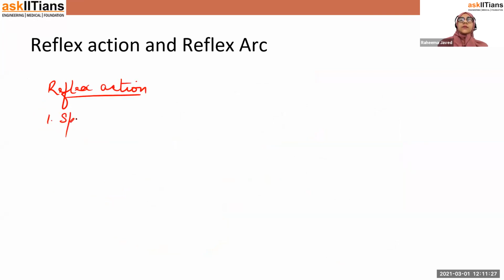There are spinal reflexes. The spinal cord is involved in the spinal reflexes, and there is no thinking involved in responding to them. For example, blinking of the eye, or this knee jerk reflex also.